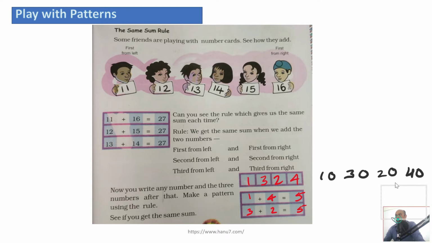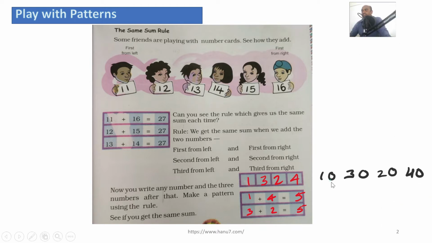Adding the first with the last, 10 plus 40 is equal to 50, and 20 plus 30 is also equal to 50. In the first we took single digit numbers, here we took double digit numbers.